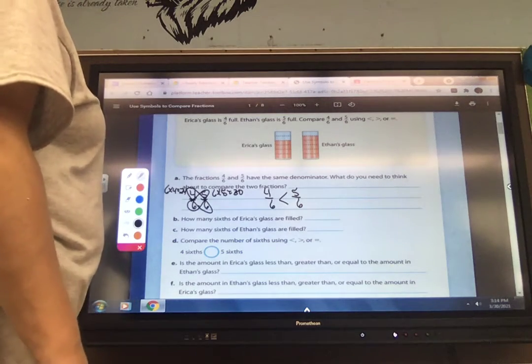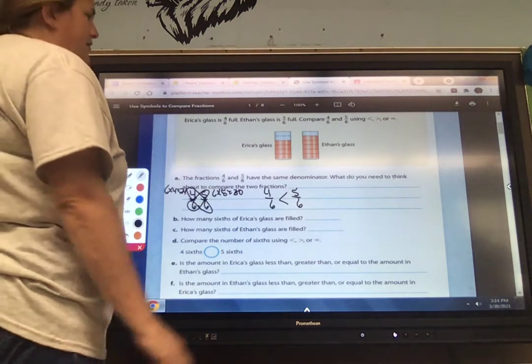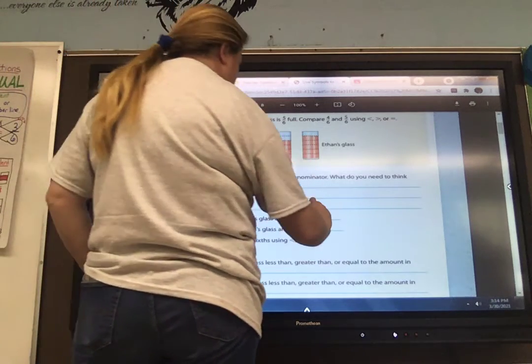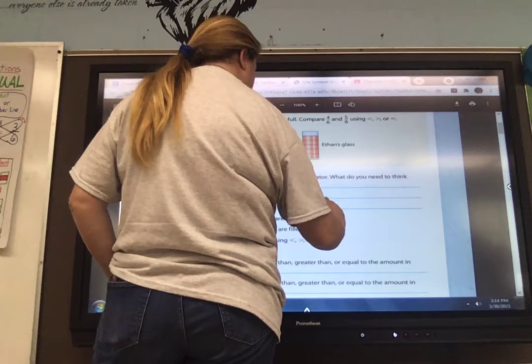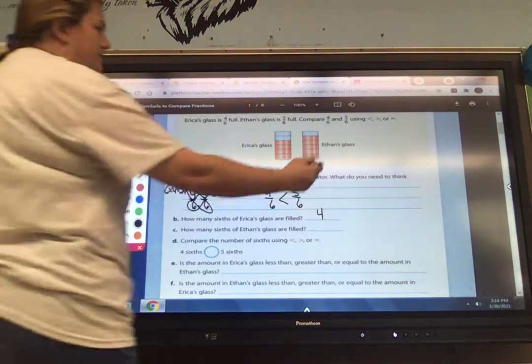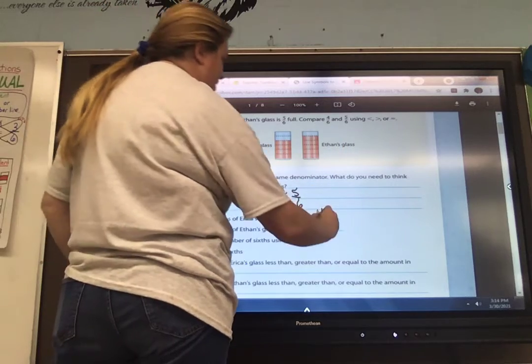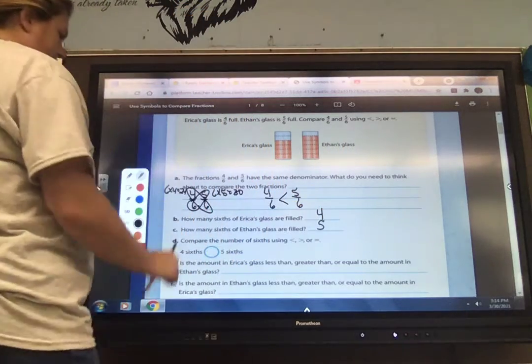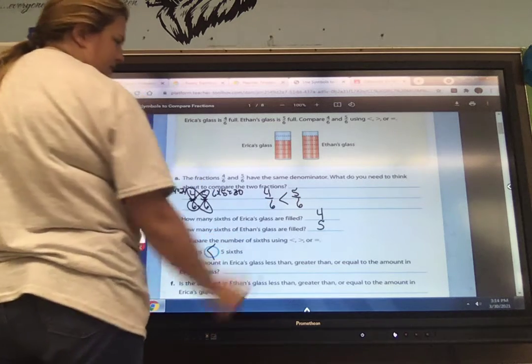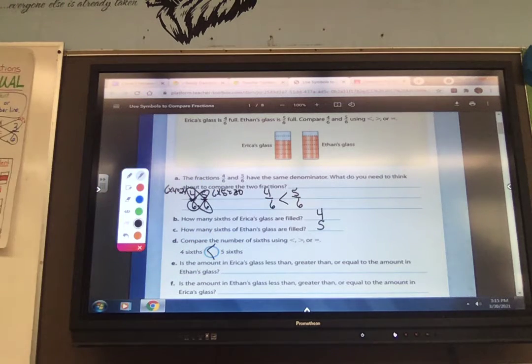How many sticks of Erica's glass are filled? Erica's glass had 1, 2, 3, 4 out of 6, so she had 4 filled. How many sticks of Ethan's glass are filled? 1, 2, 3, 4, 5. Comparing 4/6 and 5/6, we know 4/6 is less than, because we got the less than symbol up here on our butterfly.